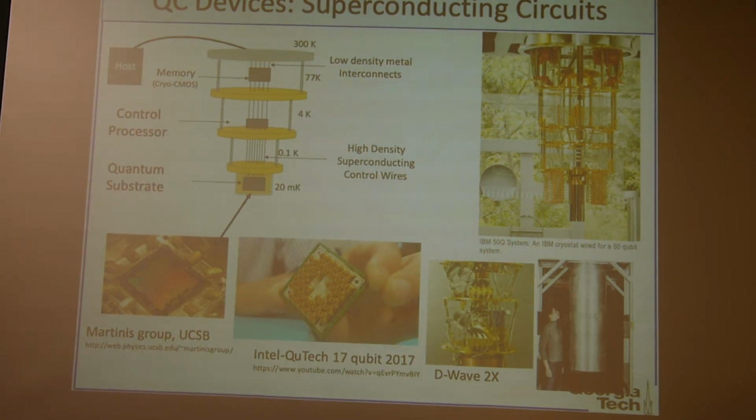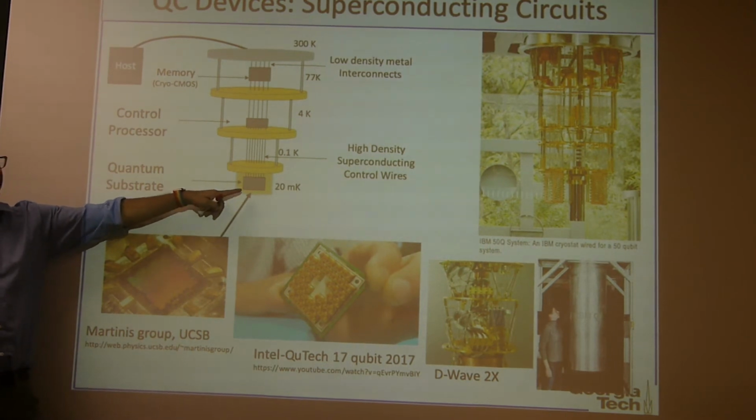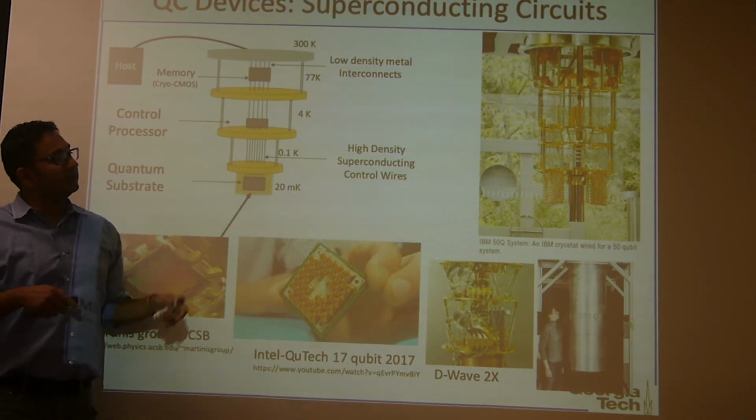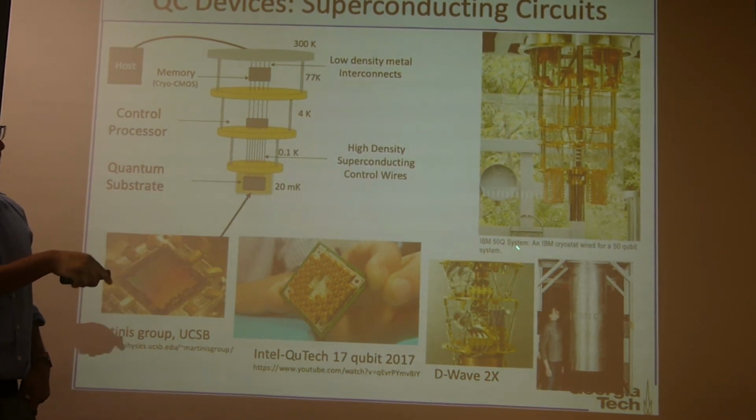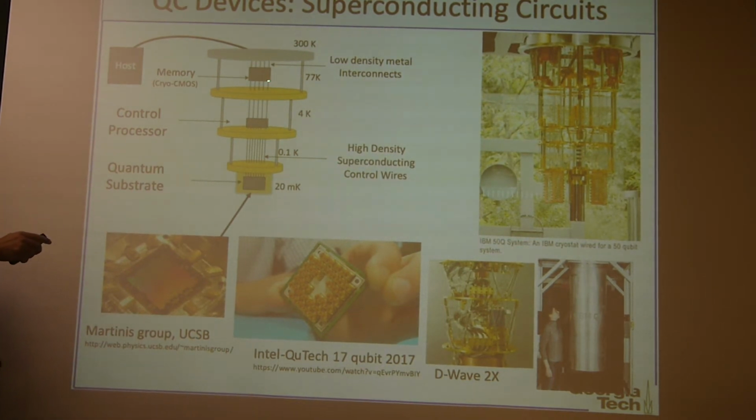Around 300 kelvin. So the main chip of the quantum computer remains at 20 millikelvin, and that's what is shown here. This is a dilution refrigerator, and at the end of this region, the chip remains there. Then you have multiple stages of computing system, different chips and other things, and altogether that's the quantum computer. But the main thing remains at very, very low temperature.